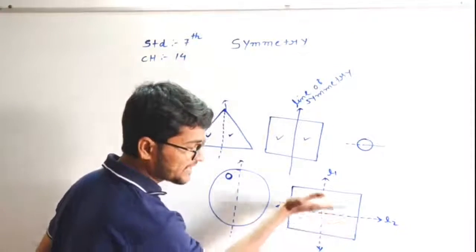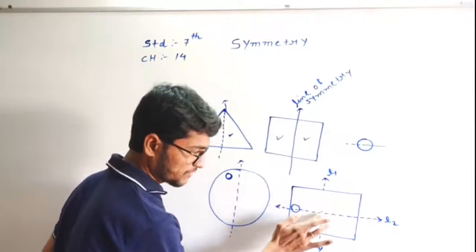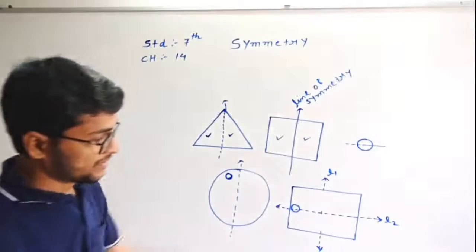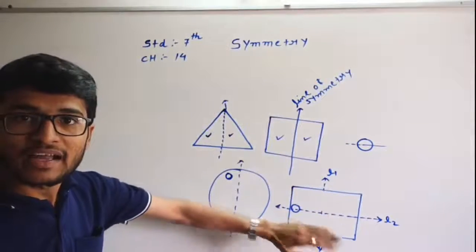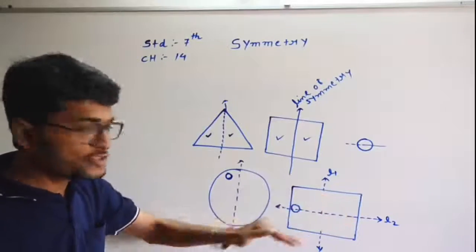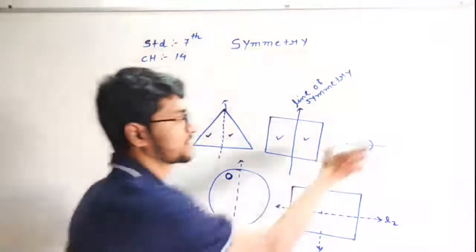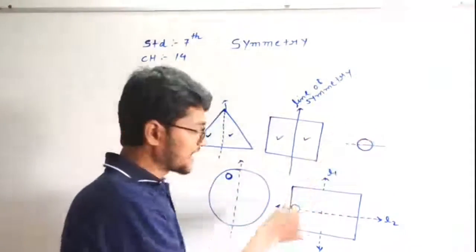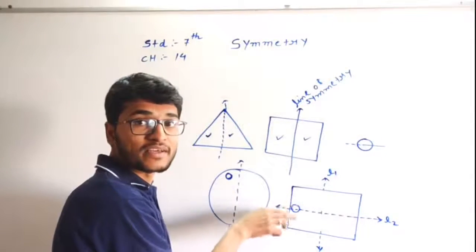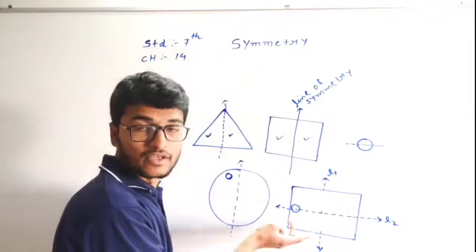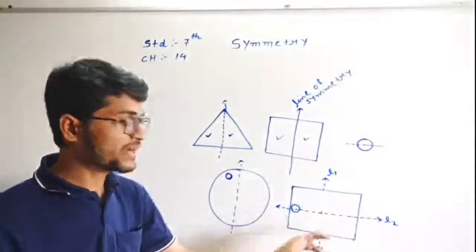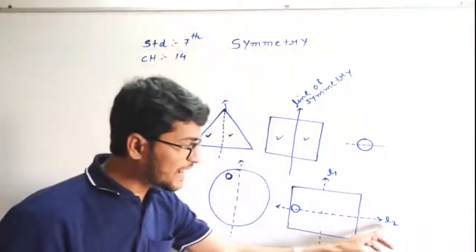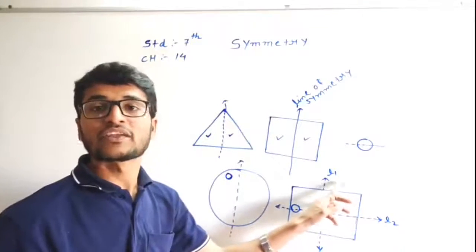So this part and this part, see. Now two parts, equal parts, same parts. Now they overlap each other. So circle को two parts में divide करो. यानी कि in this part there is a half circle, and in this part a half circle. So the half circles overlap each other, and these two parts are equal parts. So it's called a line of symmetry. But this one is not a line of symmetry.